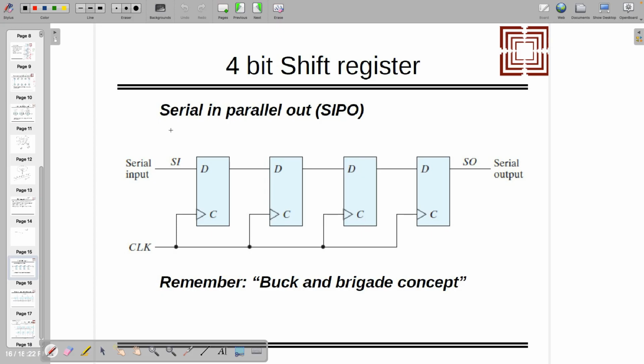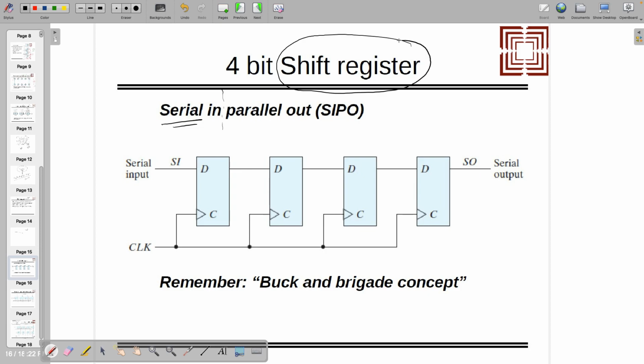Okay, so it's very simple. Now look at this: serial in and parallel out. So what should be the meaning of that, Sakina? Serial in, parallel out. That is the name of this shift register, which is of 4 bit.